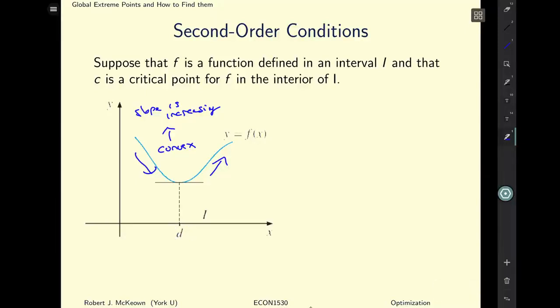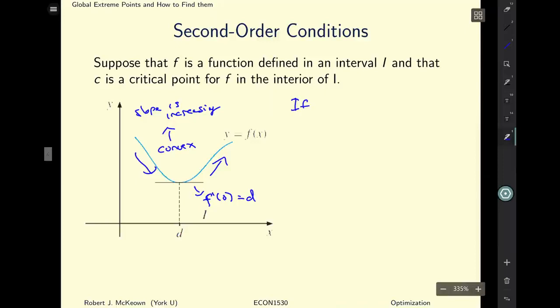So as we move from the left to the right, as we get closer to D, the slope is increasing. When we get to point D, the slope is equal to 0. And when we're to the right of point D, the slope is positive.